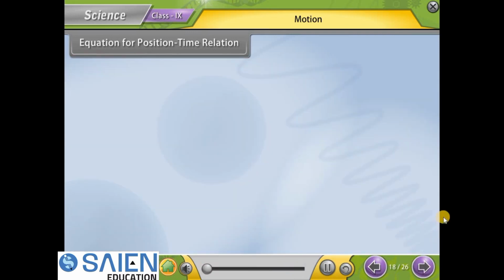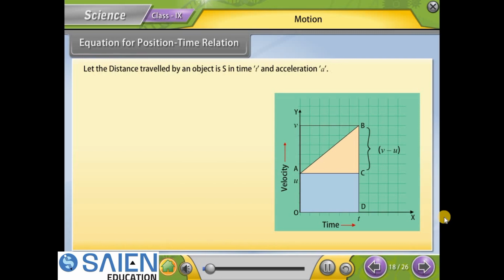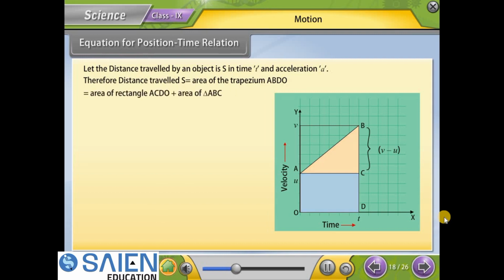Equation for position-time relation. Let the distance traveled by an object be s in time t with acceleration a. We can see that the distance traveled by the object is obtained by the area enclosed within the graph. Therefore, distance traveled, s, is equal to area of the trapezium ABDO, which equals area of rectangle ACDO plus area of triangle ABC, which is equal to OD into OA plus 1 upon 2 BC into AC.